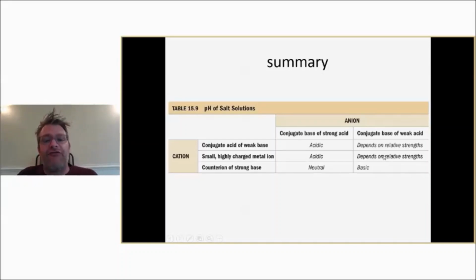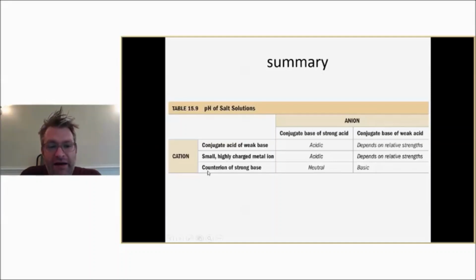And if I ever wanted you to think about the relative strengths of things, I would give you the Ka and Kb that you can compare, okay? Stronger bases and stronger acids have larger values of Ka or Kb, okay?